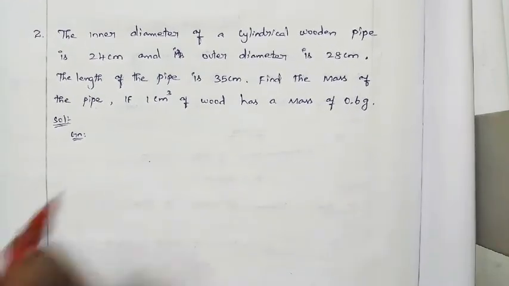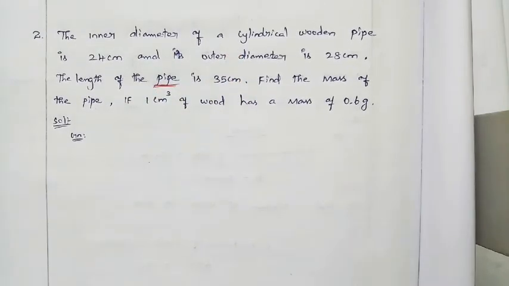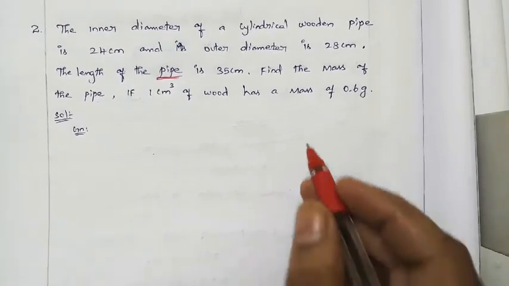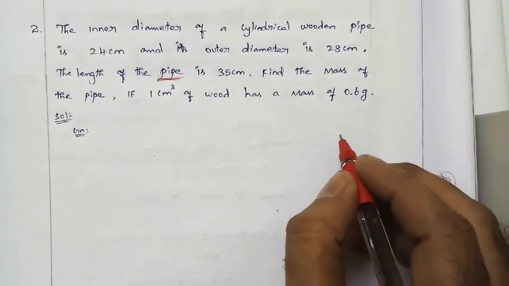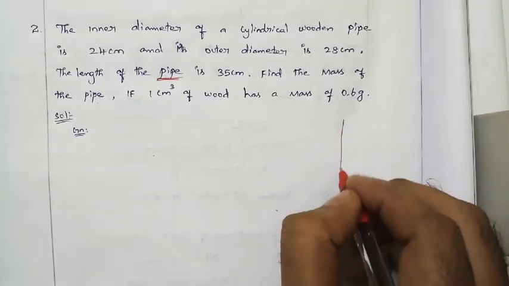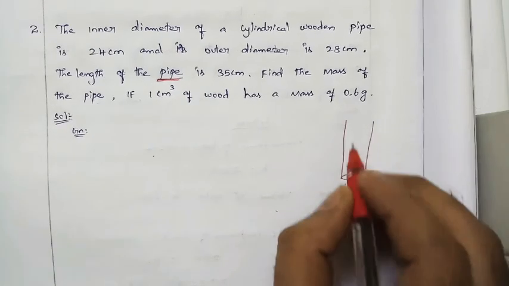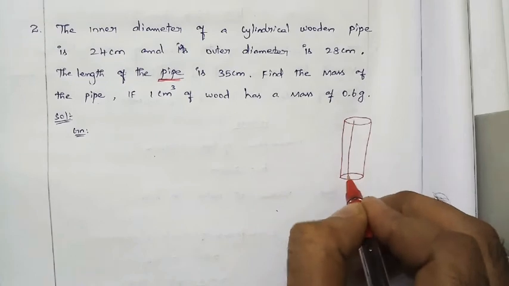See, I told you that pipe is nothing but a cylinder. So what is the shape? In the introduction itself we have discussed, right? Pipe is nothing but a hollow cylinder. Hollow cylinder, we are having two cylinders: the outer cylinder, and we are having an inner cylinder also.